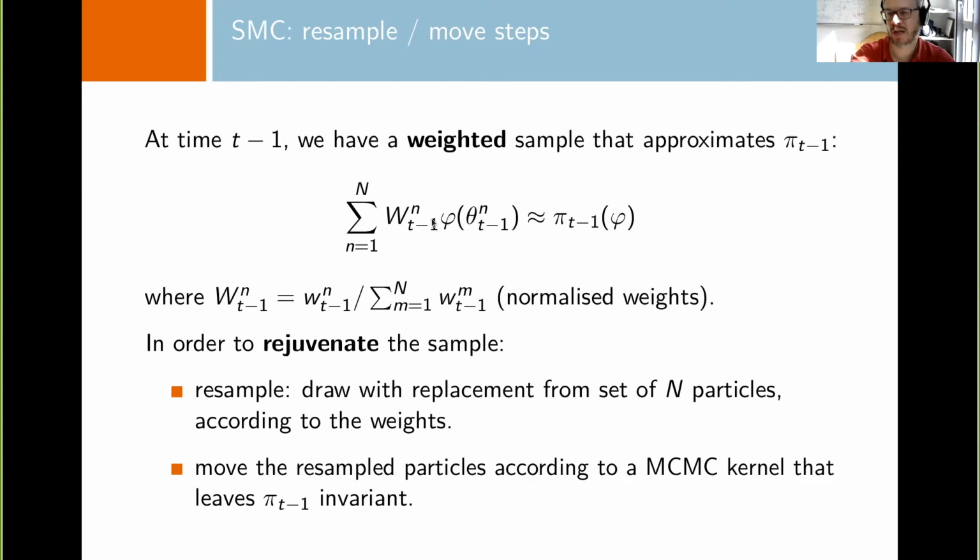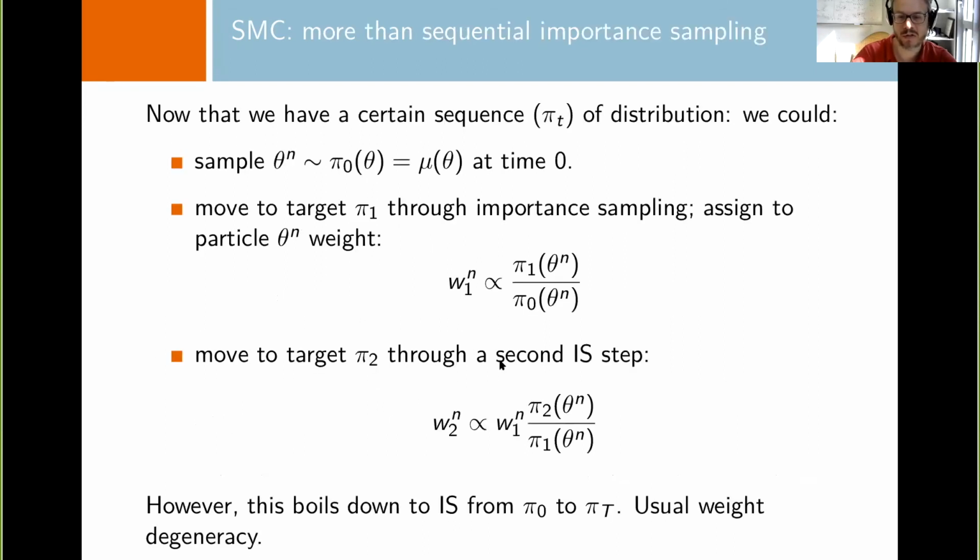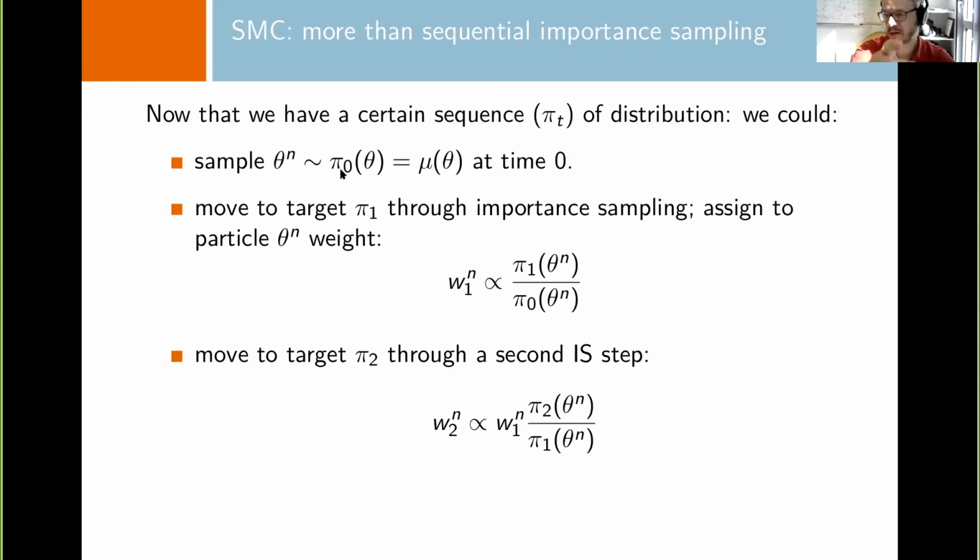Then you do all the operations, and then you reweight according to pi t over pi t-1. So every time you discard the weights because you resample, and then you reweight the particles according to this. So it's like this. At time 0, you sample from pi 0. Then at time 1, you reweight according to pi 1 over pi 0. And at time t, you reweight according to pi t over pi t-1.